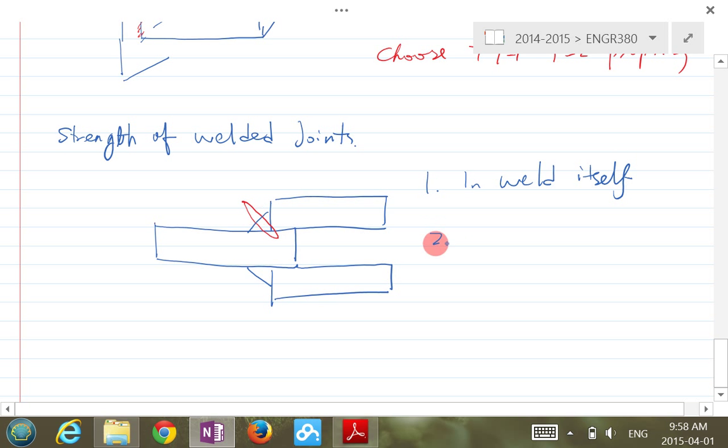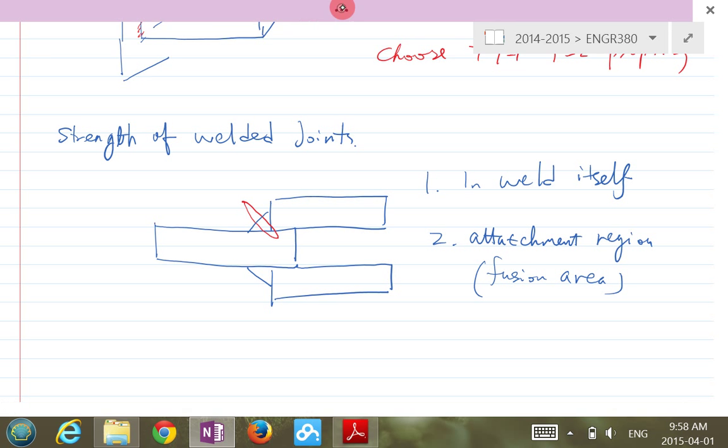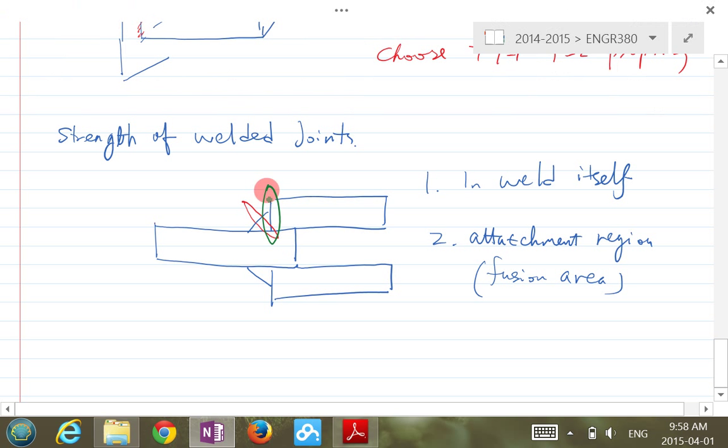And the second one here is we look at the attachment region, or something called the fusion region, the fusion area. So basically it's this portion here, or this portion, the two vertical locations.